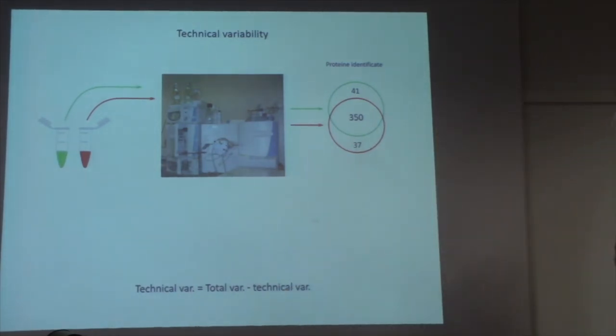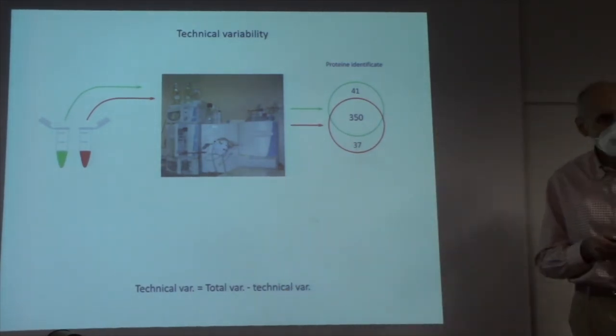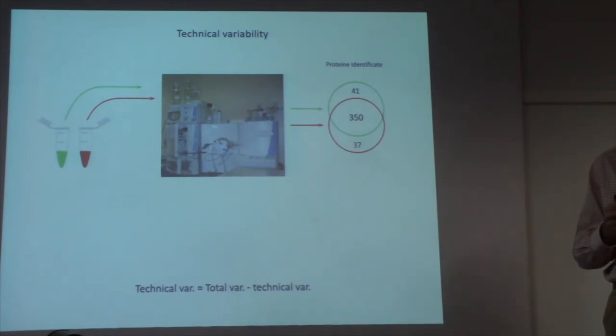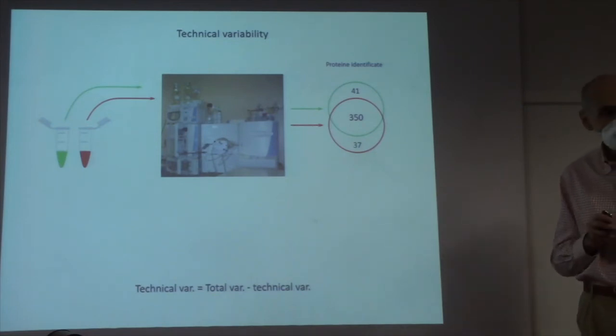Can we measure biological variation? It's very, very difficult. How do we know what is the difference, say, in gene expression in these two apparently identical cultures? What affects them, whether it is time or conditions? It's extremely difficult to assess biological variation, but it's easy to assess technical variation.